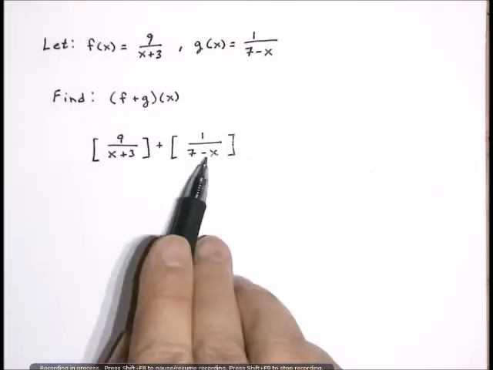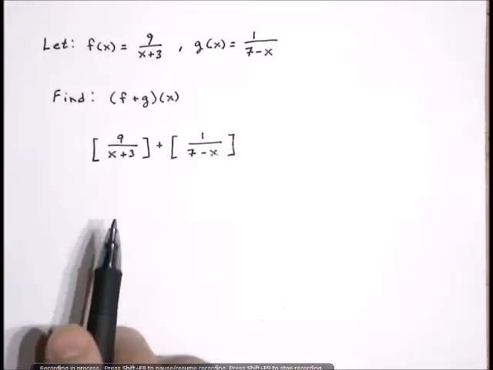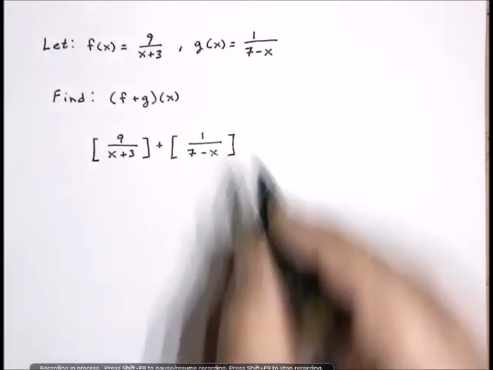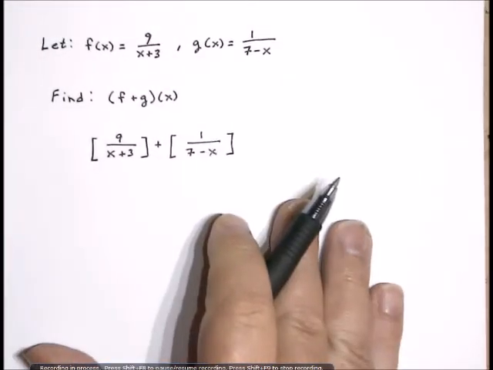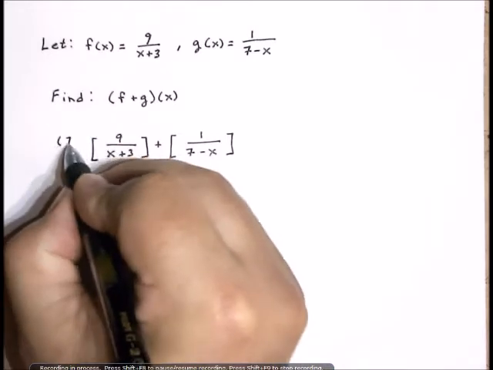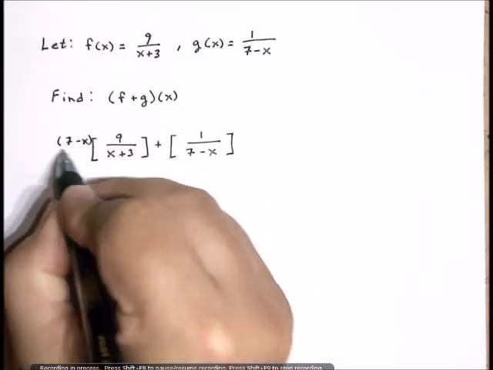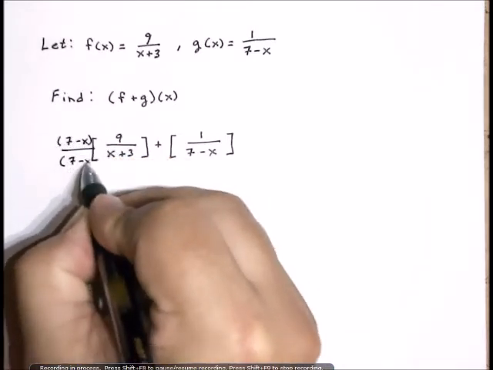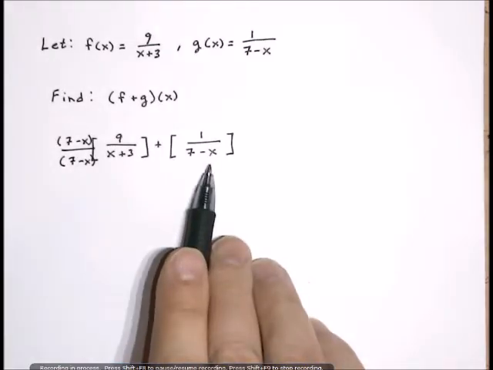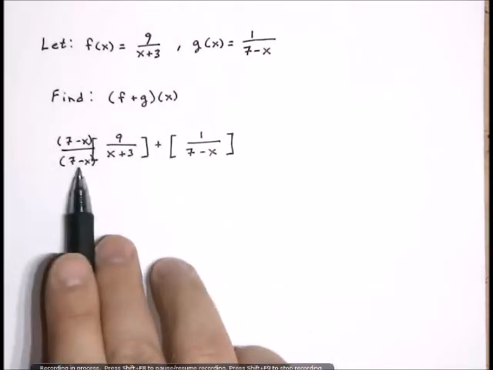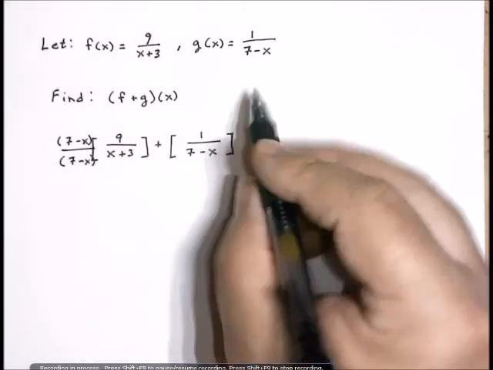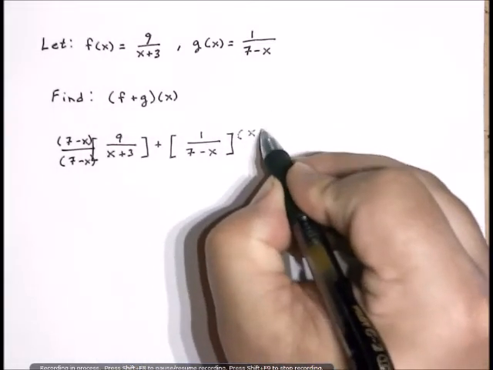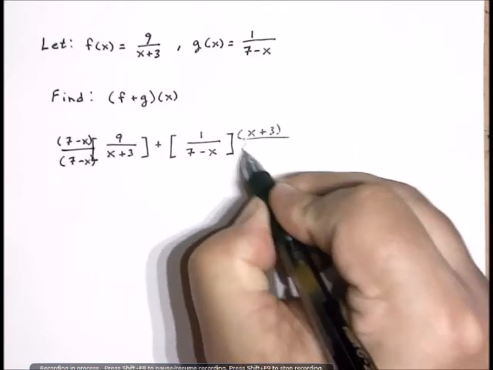Now I want to add these two together, but I don't have a common denominator. And when you run into this situation, oftentimes the easiest thing to do is multiply the first equation by 1 in the form of the denominator of the second equation. So all I'm doing is multiplying this equation by 7 minus x over 7 minus x. And I'm going to do the same with this one. I'm going to multiply it by x plus 3 over x plus 3.